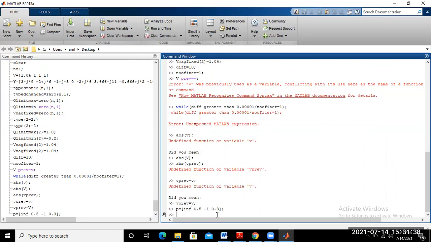Okay. Next, the reactive power input, that is represented by Q equal to minus 0.3, 0.5, minus 0.1.